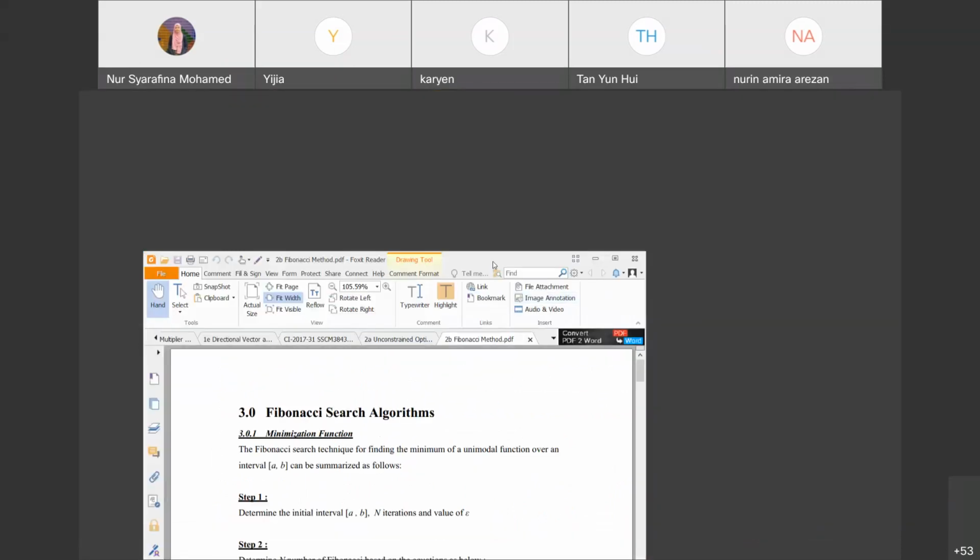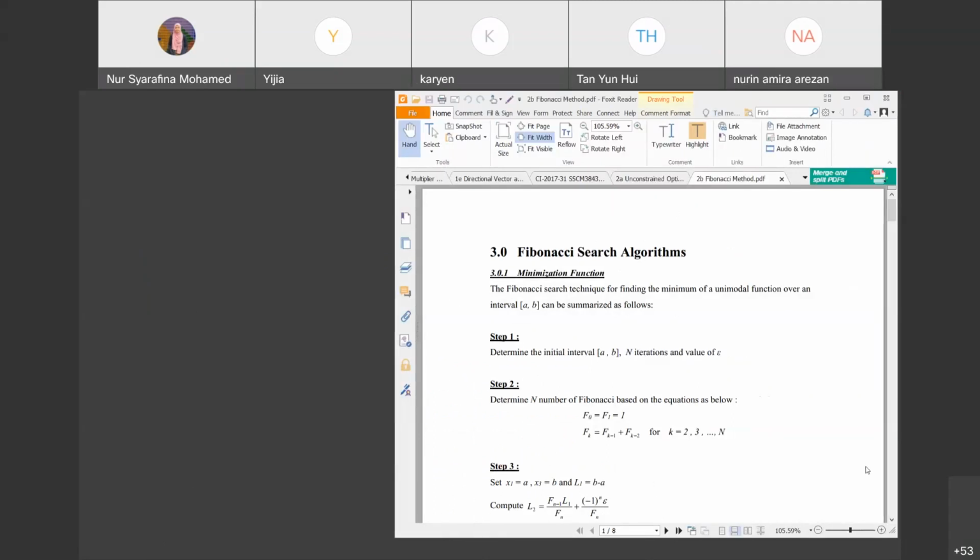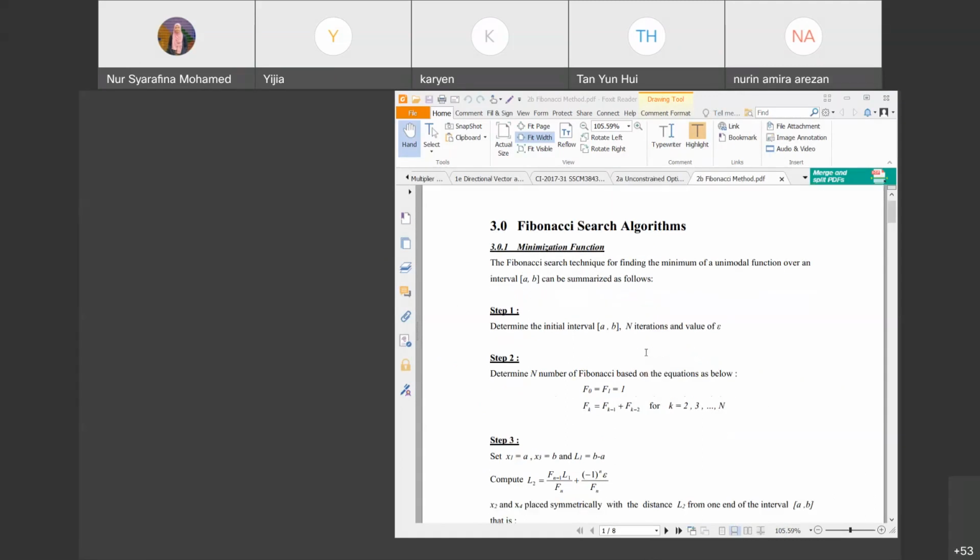Let me put it in OneNote. First, you understand what Fibonacci is, one direct search method. So Fibonacci is one method in direct search method. Let's discuss how we find the solution on minimization function by using Fibonacci.